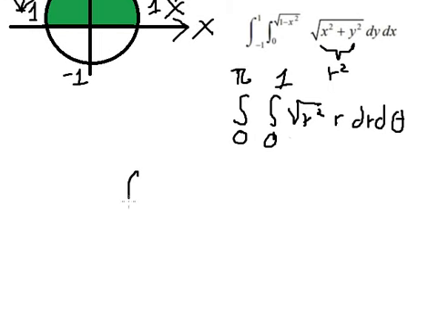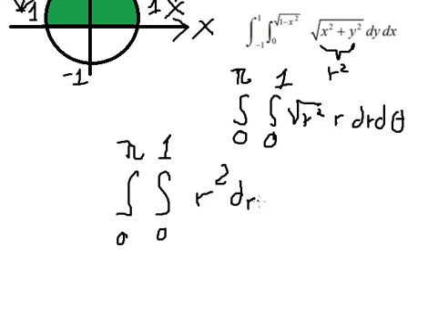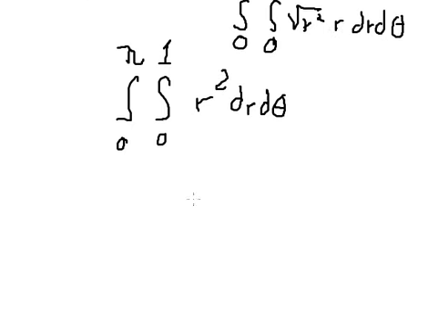Now, the square root of r squared, we have r. We multiply by r, you got r squared. The integration of r squared, we have r to the power of 3 over 3.